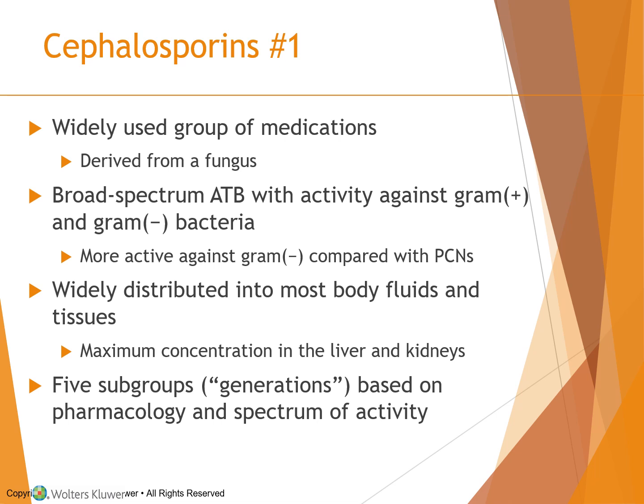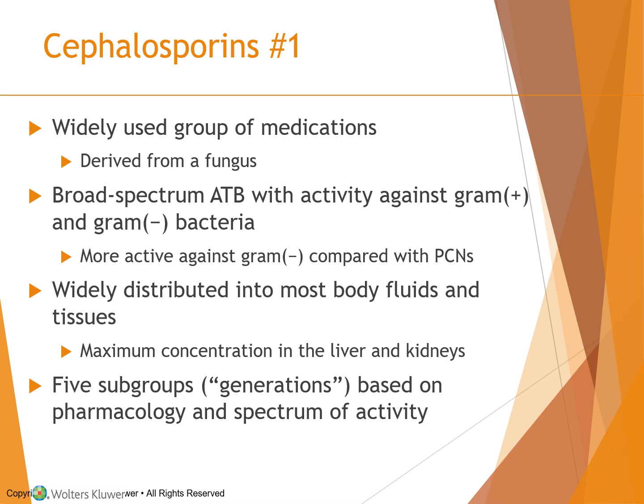And then after the culture and sensitivity results come back, that's when we know exactly what's the organism causing the infection. And also the sensitivity test is done in the lab to know which antibiotic kills that specific organism in a more effective way. So that then is when the antibiotic is switched to something that's more narrow, just more specific to that organism. So that's what broad spectrum and narrow spectrum is.